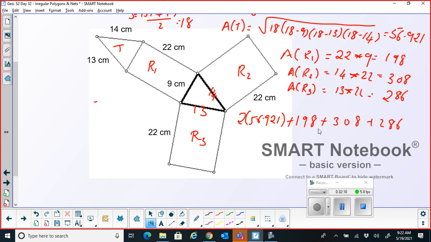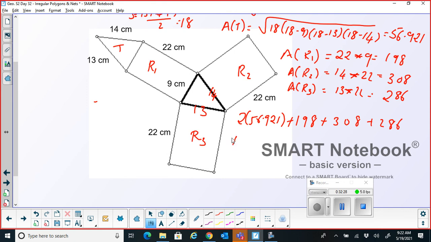Okay, let's simplify this. Which will give us 905.842.